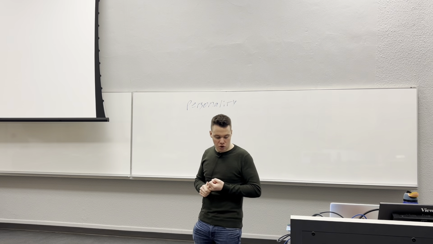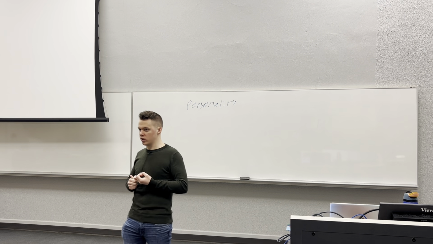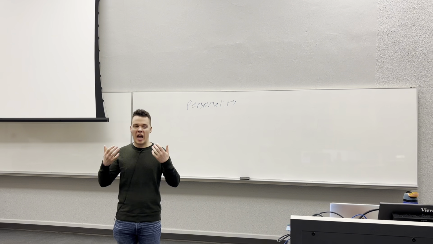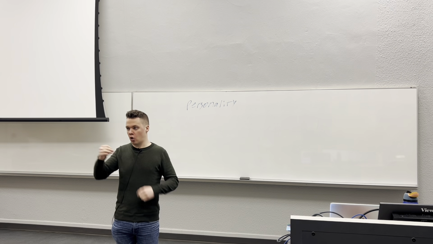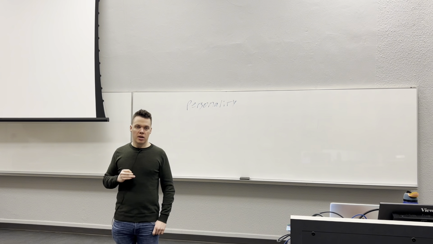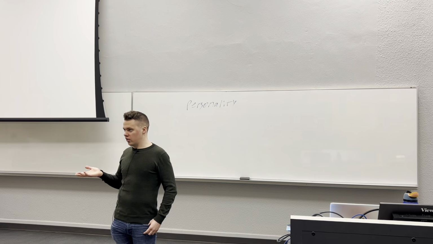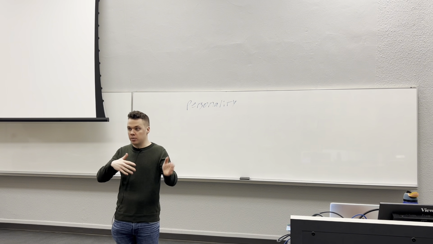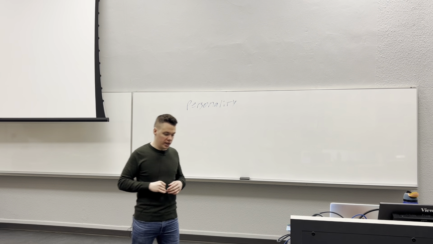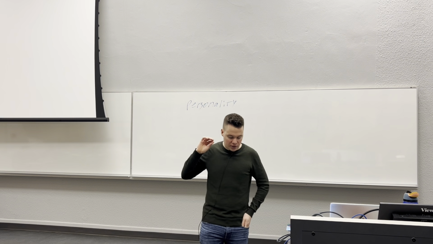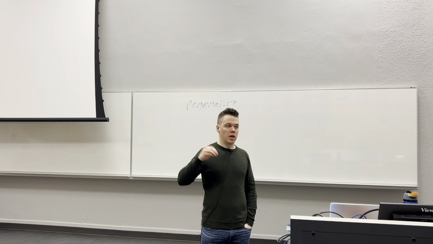Number 2, it should be relatively enduring or stable. It should be an attribute of you that persists across time. Being happy in the morning is not a personality, right? Mood is different because mood changes throughout the day or the week or the year. Personality is conceptualized as something that's more long-lasting.